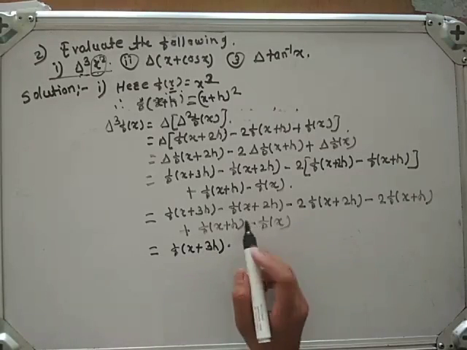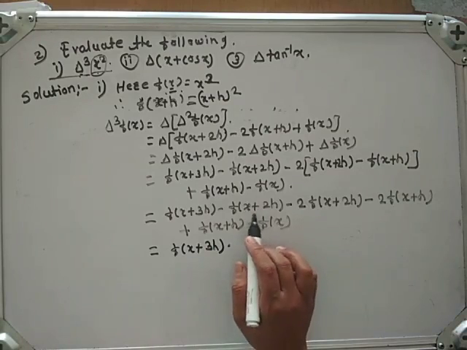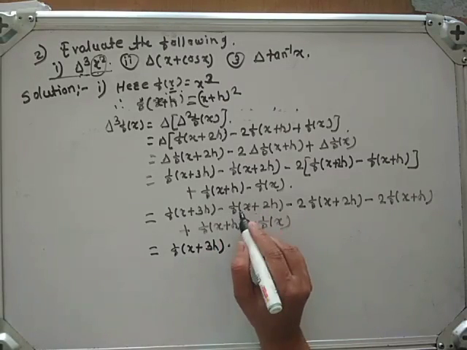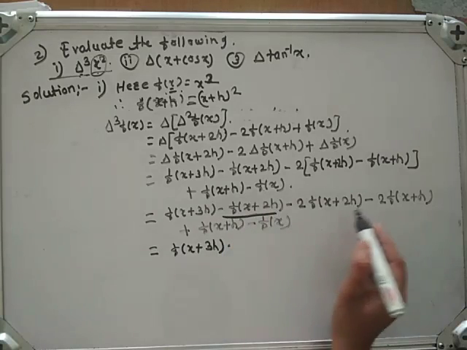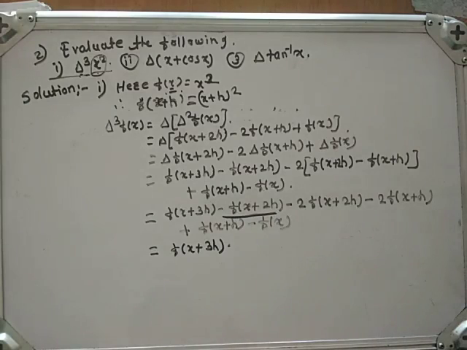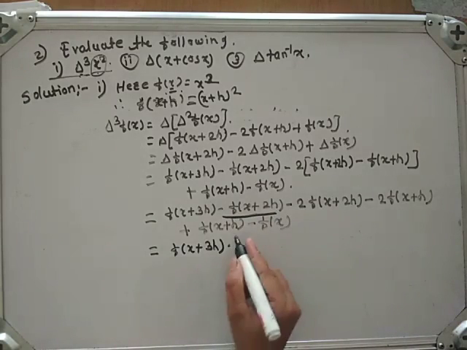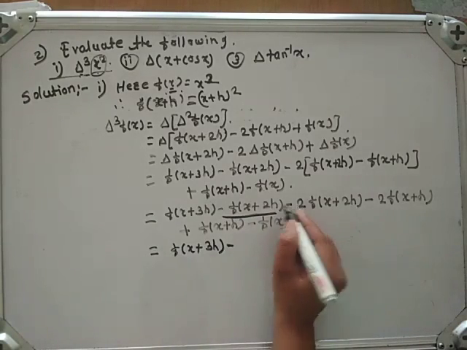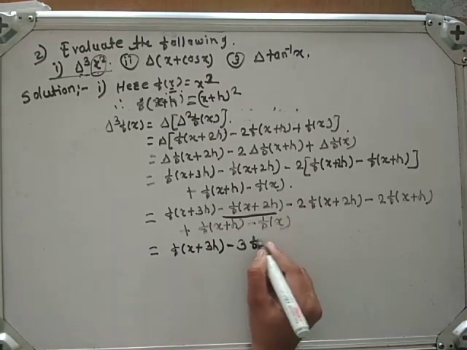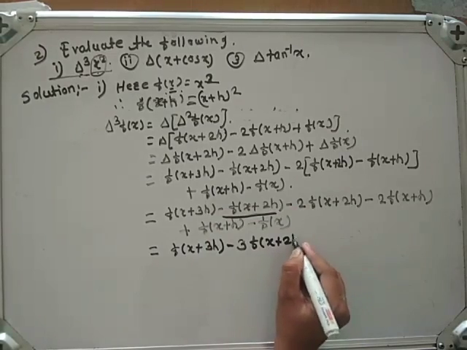See here, f of x plus 3h, minus f of x plus 2h, and minus 2f of x plus 2h, here remains only minus 1 minus 2, minus 3 into f of x plus 2h.